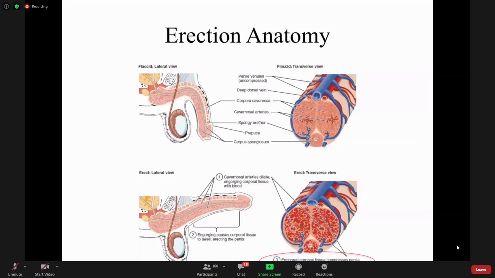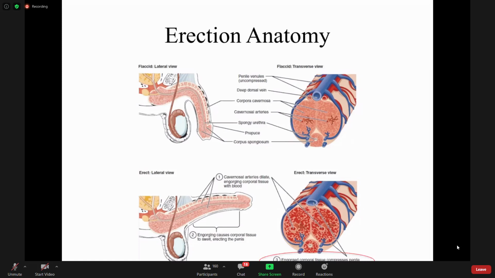spaces. Now, as this spongiform space expands, the venules that drain blood from these spongiform spaces go through a process of compression, leading to what we call penile vasocongestion.